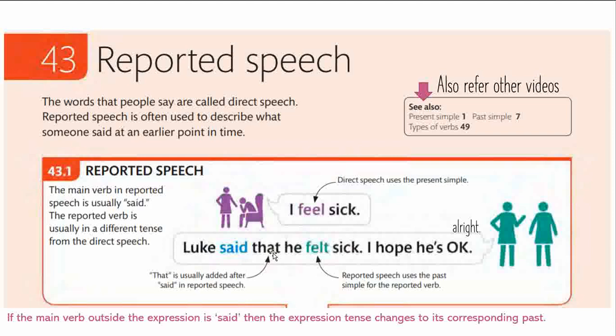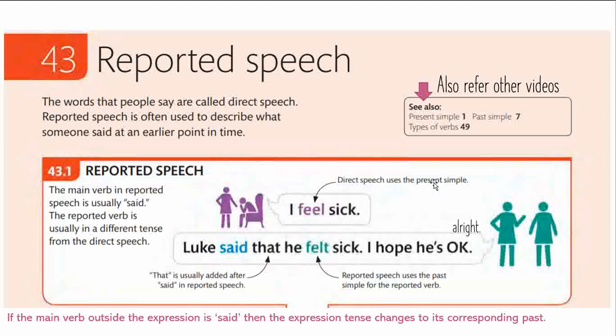Over here, this word that can be dropped. Even if you remove it, the reported speech will make sense. The removing of the word that is called ellipsis, which we will study later. And over here, only this use of change of tenses is to be considered. If the main verb outside the expression is said, then the tense inside changes to its corresponding past.